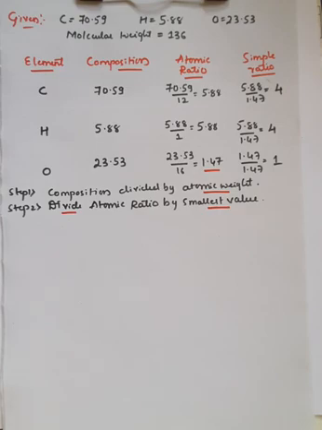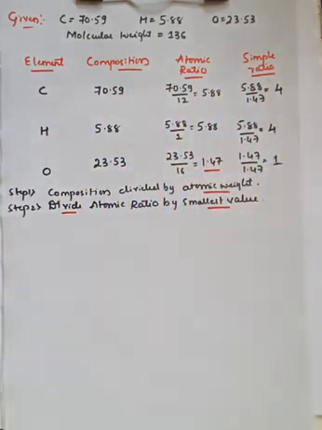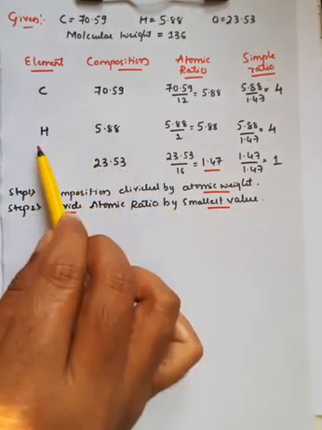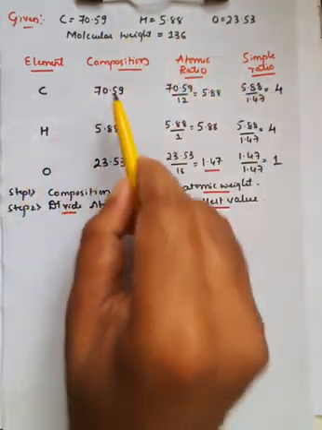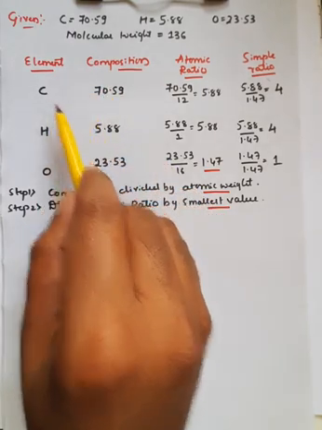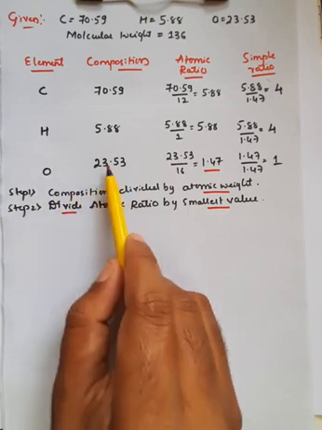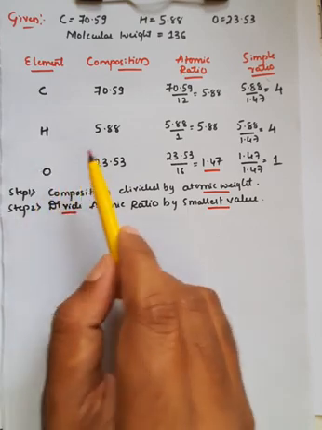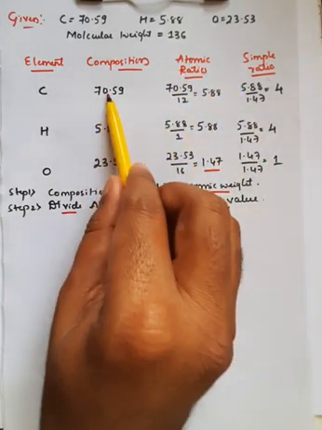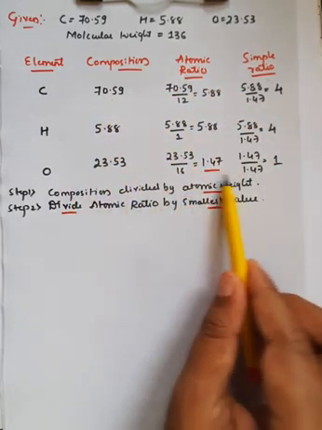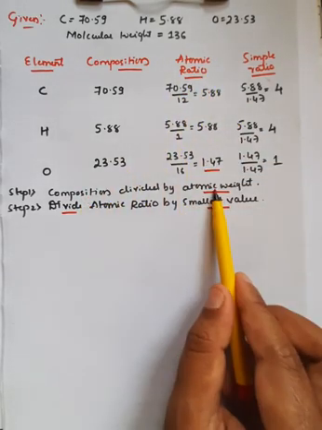Therefore, with the help of these 2 steps, we got all the 4 columns. For carbon, hydrogen and oxygen, the composition is already given: 70.59% is carbon, 5.88% is hydrogen, and 23.53% is oxygen. You can also take these in terms of grams. Atomic ratio means the given composition divided by atomic weight.